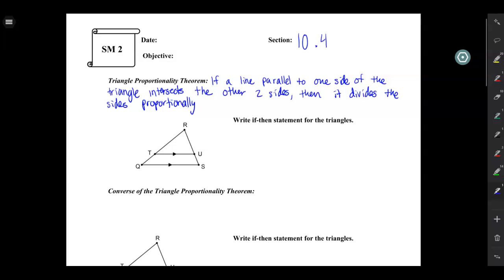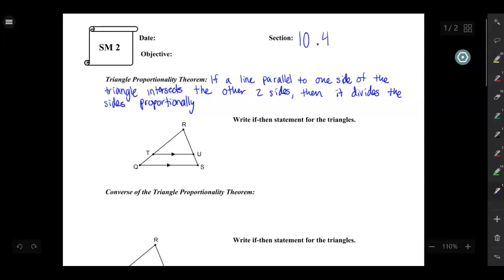It's kind of wordy, so let's translate all these words into symbols down here. We're going to use this triangle, which kind of has two triangles in it, to translate this into symbols.